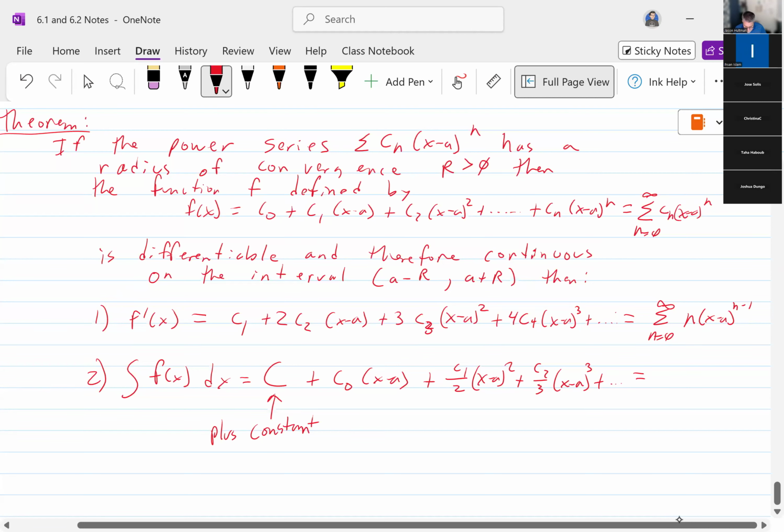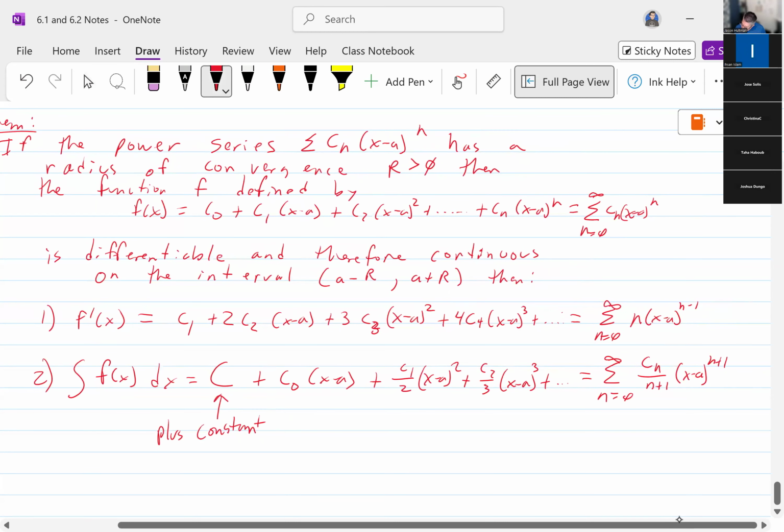This equals the summation n equals 0 to infinity of Cn over n plus 1 times x minus a to the n plus 1.